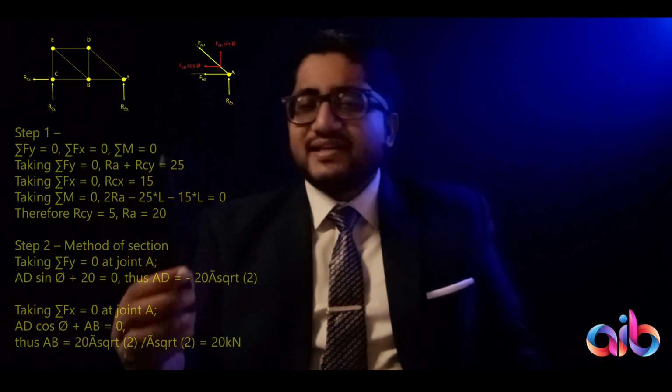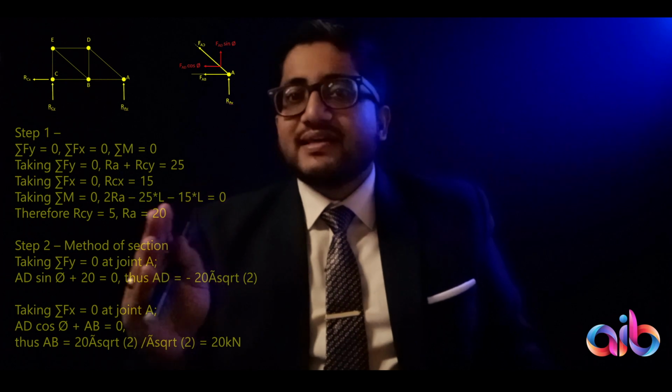So reaction at A moving upward plus AD sin theta moving upward, both let's assume positive, upwards positive. So AD sin theta plus reaction at A, which is 20, these two are not creating any resultant movement in joint A. Joint A is not flying off into the air. So AD sin theta plus 20 equals 0.